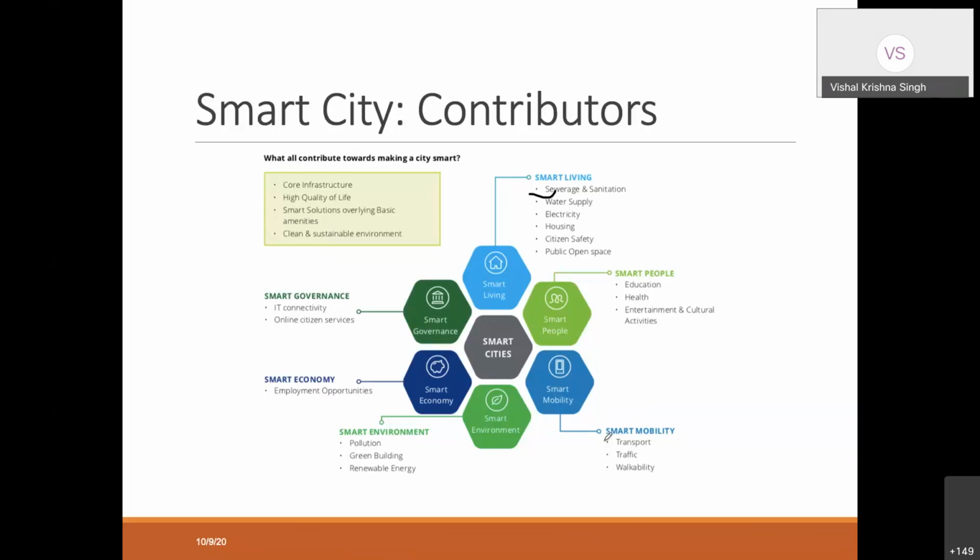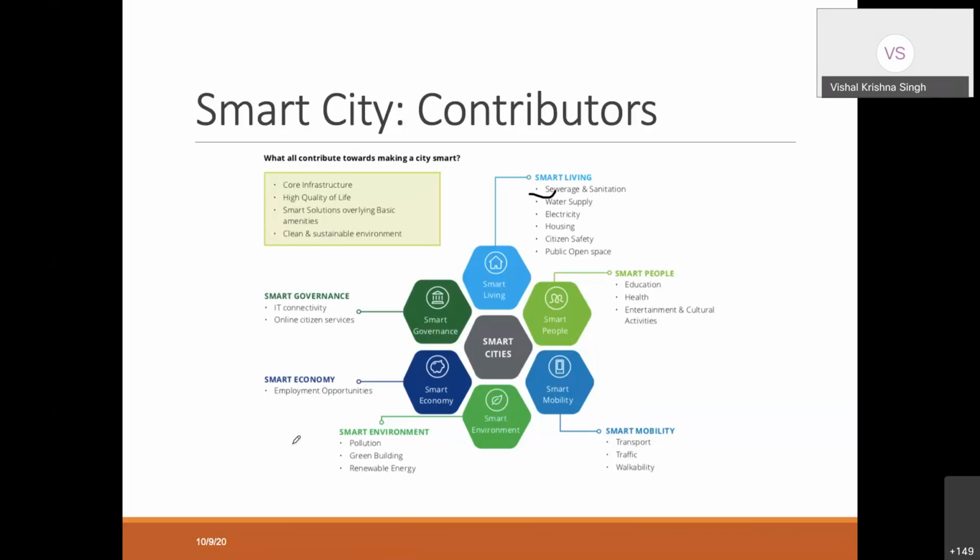Then again, smart environment. We cannot blindly go and develop technologies and not consider the environment. Apart from using information and communication technologies in all these aspects, one of the most important enablers of a smart city is the smart environment, where issues of pollution, renewable energy, and reusability of resources are considered.